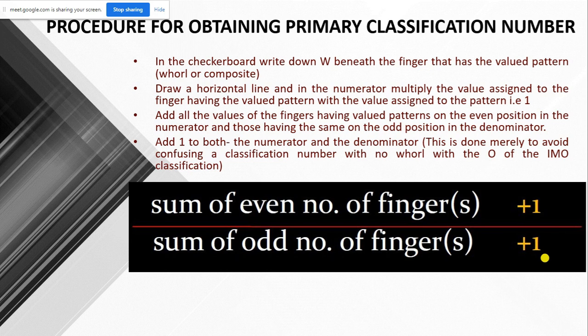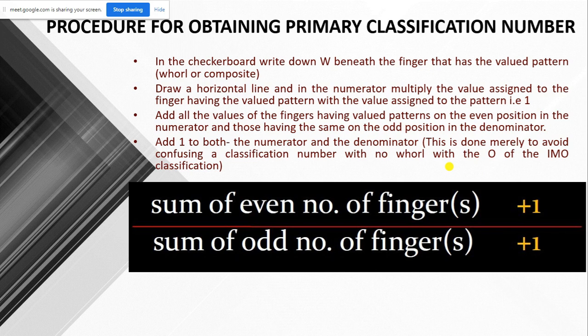After these values are placed in the numerator and denominator according to their odd and even positions, we add a 1 to both the numerator and denominator, so that if there is a person who doesn't have any whorl in the 10 digits, they will have a number of 0 by 0.